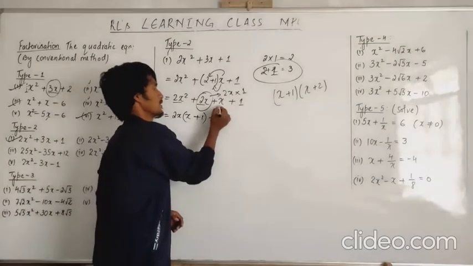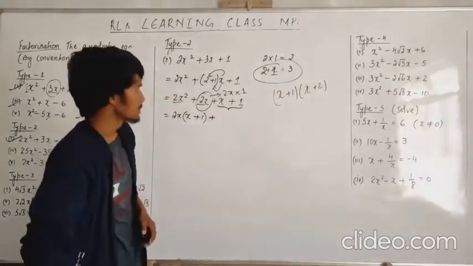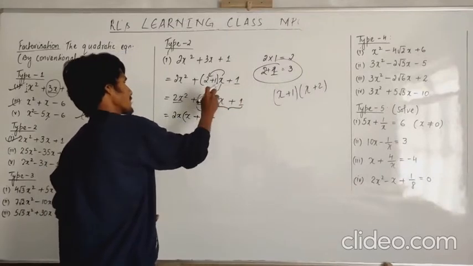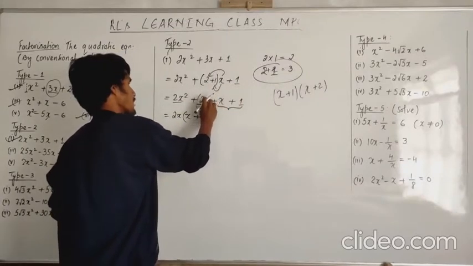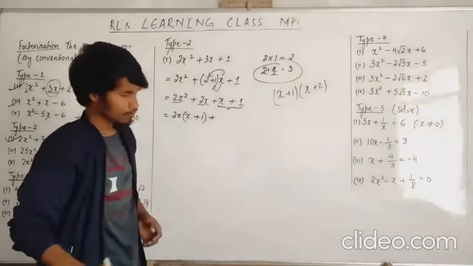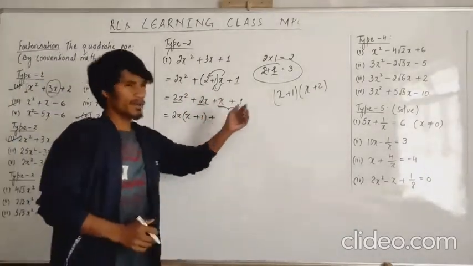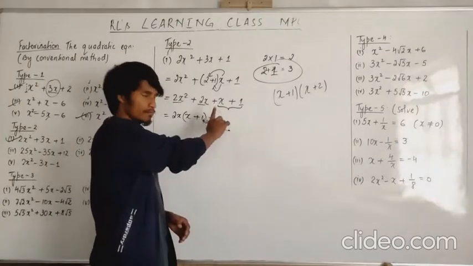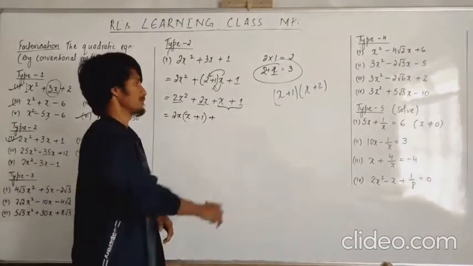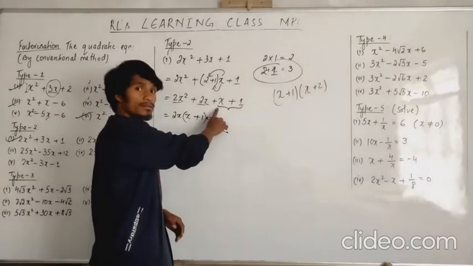And plus, here, what is common? Here x is there, but here there is no x, so x is not common. Then 1 is there, and here there is no 1.